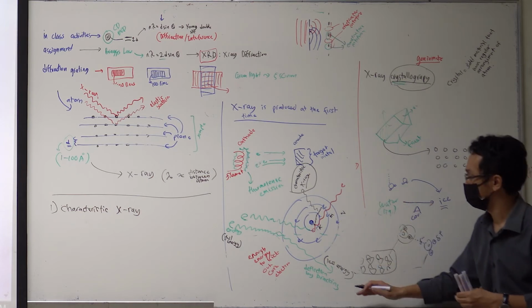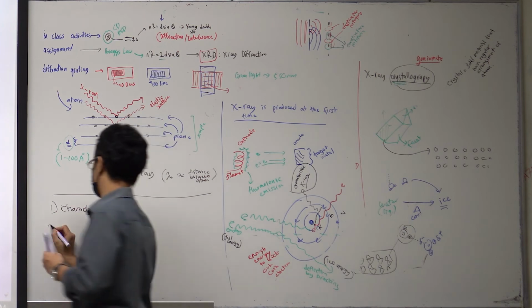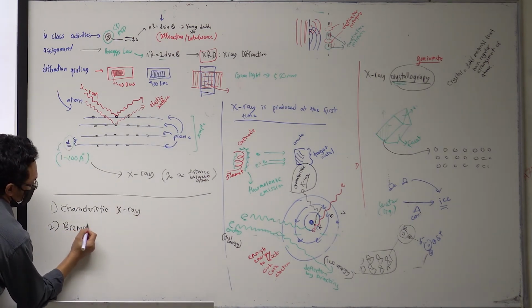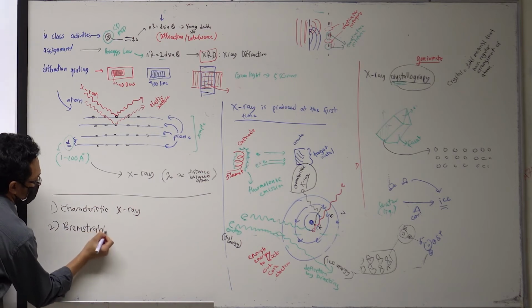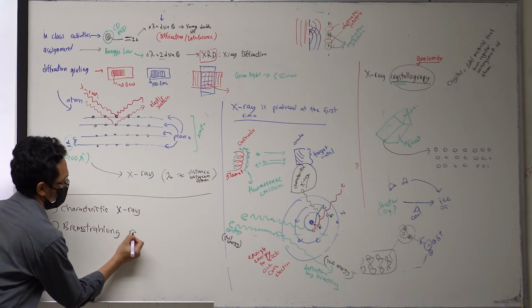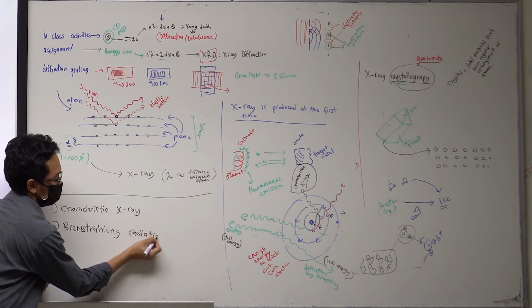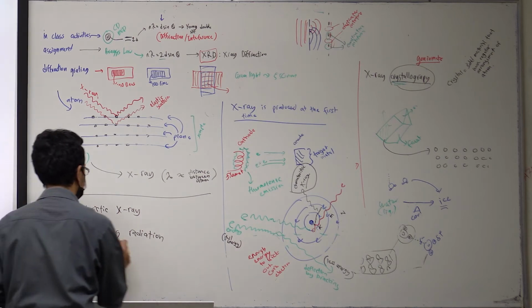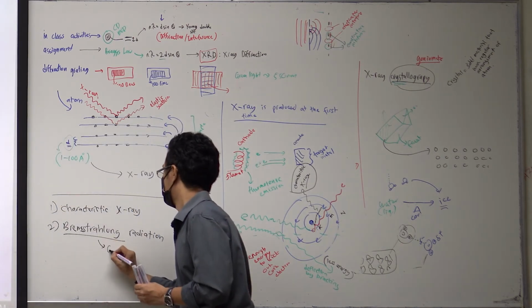Another X-ray, what do they call it? Bremsstrahlung radiation, or X-ray radiation. Bremsstrahlung, I don't know how to pronounce it, but this is a German word.